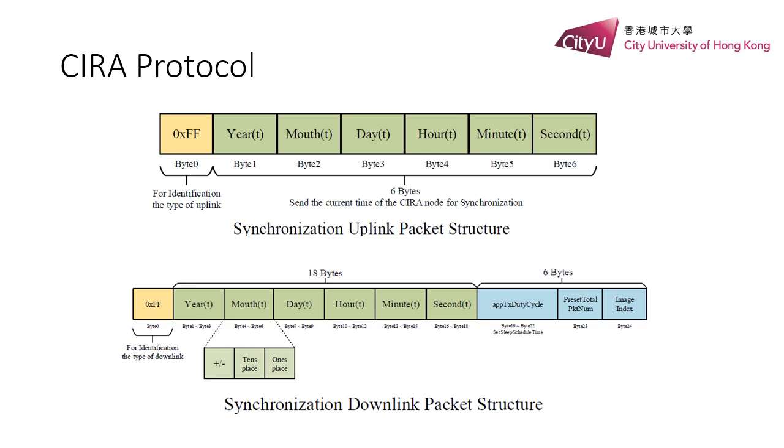To make it work as scheduled, the node sends a synchronization uplink containing the node's initial time, and then the server will reply with a synchronization downlink containing the time interval from real time and also some config parameters.